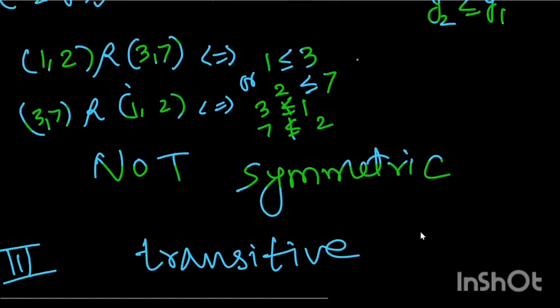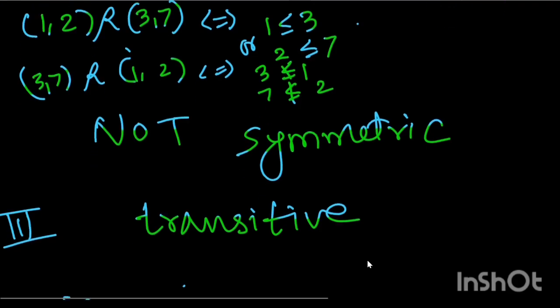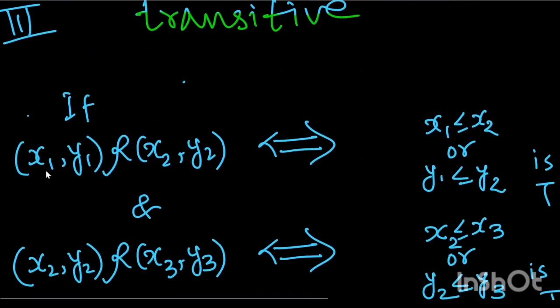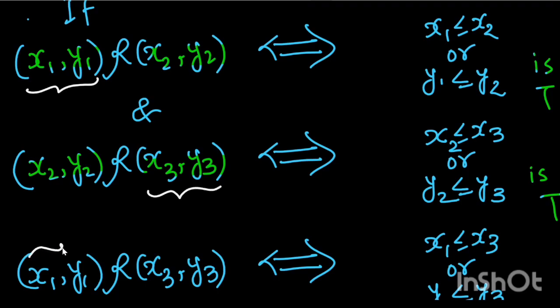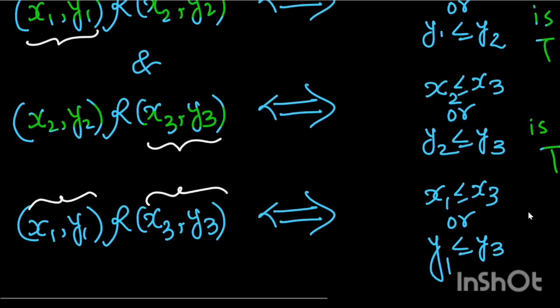In a similar way for transitive, we assume x1 y1 with x2 y2, and x2 y2 with x3 y3, are both true. In that case we have to prove x1 y1 with x3 y3, which I have written here. We have to check whether this is true or not.